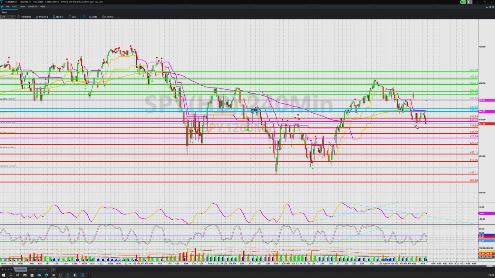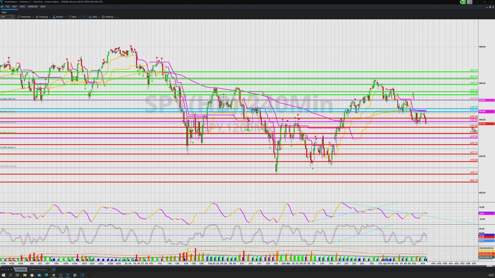Now the confirmation came with those two green candles. This is a buying candle of buying power, and probably for the longer term they will buy and average down the price in the 432.